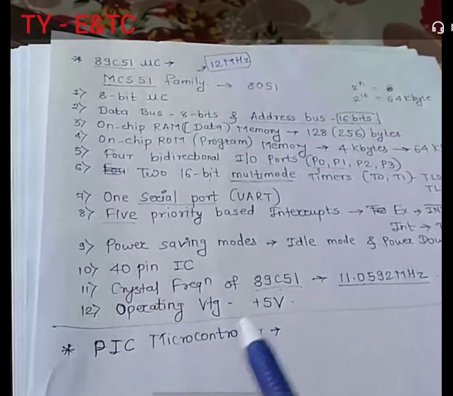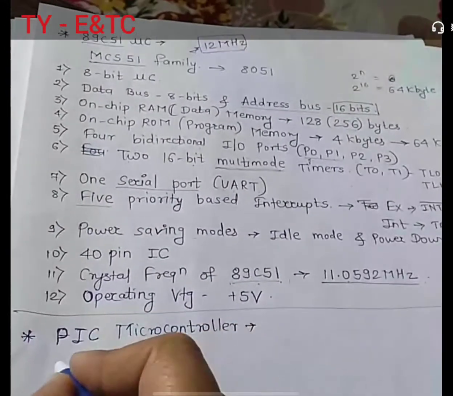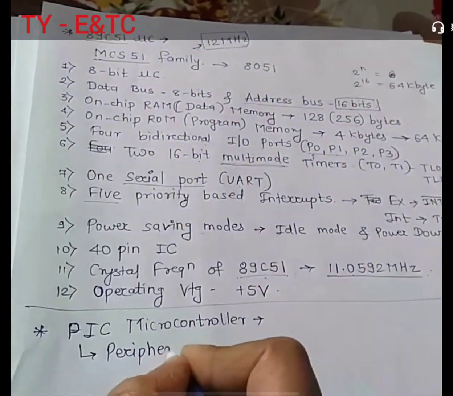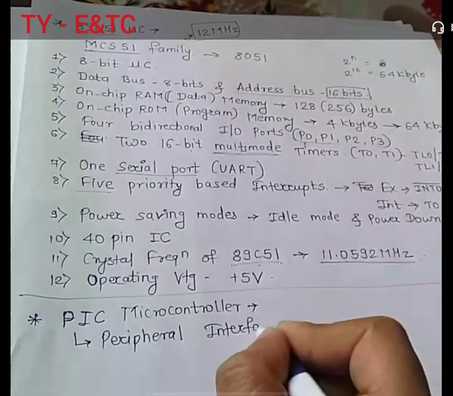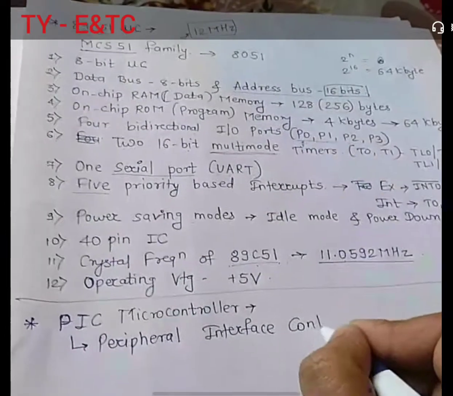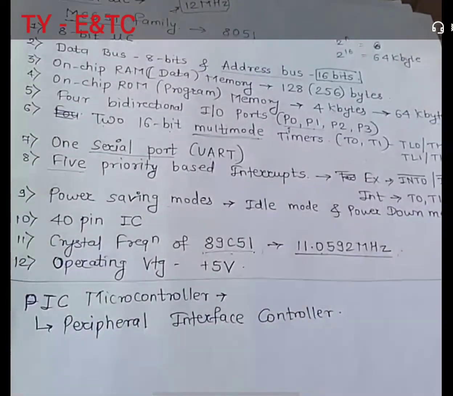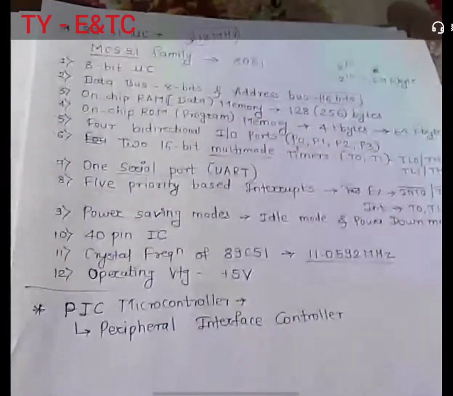Like that, we have a different category of microcontroller called PIC. The long form of PIC is peripheral interface controller. It is called a peripheral interface controller, or PIC microcontroller.